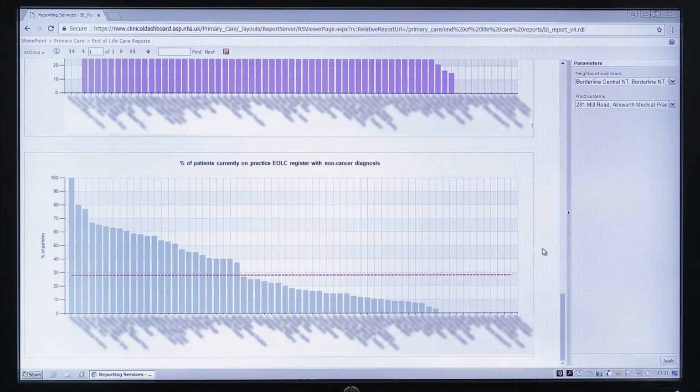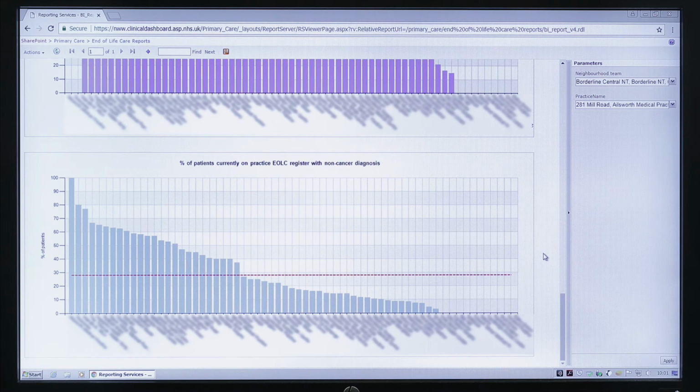So that might be food for thought as you reflect where your practice stands in relation to others and indeed the CCG mean of to what extent when we think as a practice team about end-of-life care, are we just thinking cancer rather than non-cancer?